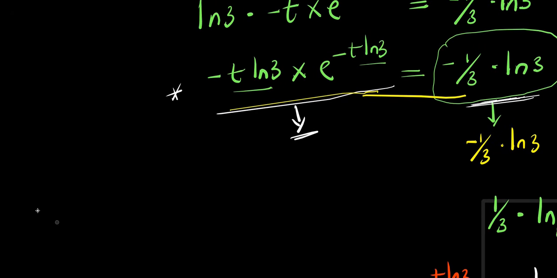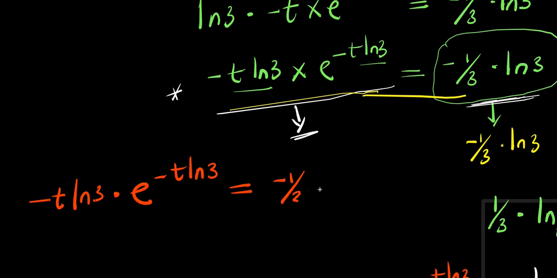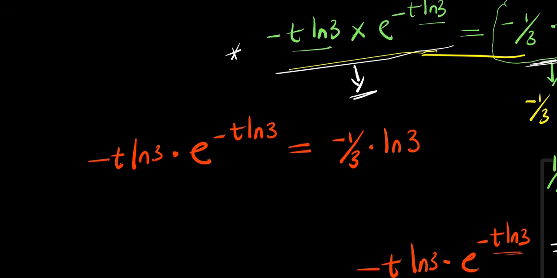Now we are having negative t ln 3 times e power negative t ln 3 equals negative 1 over 3 times ln 3. So at this point, I can apply the Lambda-W function here because this is good enough to apply it. But this is not good enough until we converted it like what we did earlier on. But we are not going to convert it because we want to find another solution.